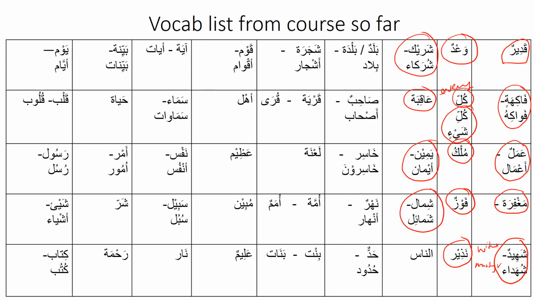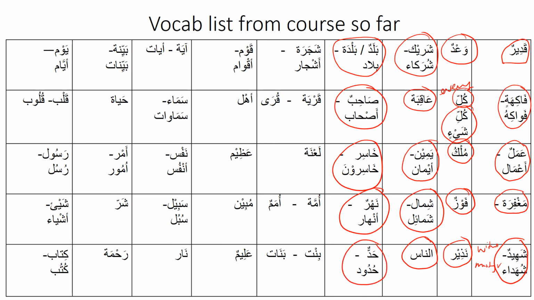Shimalun, shama'il, left or left hand side. An-nas, people. Baladun, baldatun, and the plural is biladun, land or countries. Sahibun, ashabun, companion, companions. Khasir, khasiruna, loser, losers. Nahrun, anharun, river, rivers. Haddun, hududun, laws or limits.